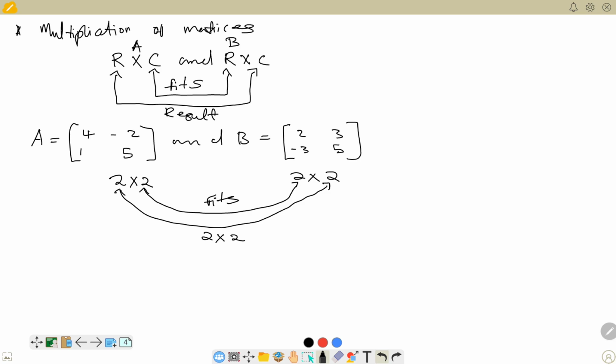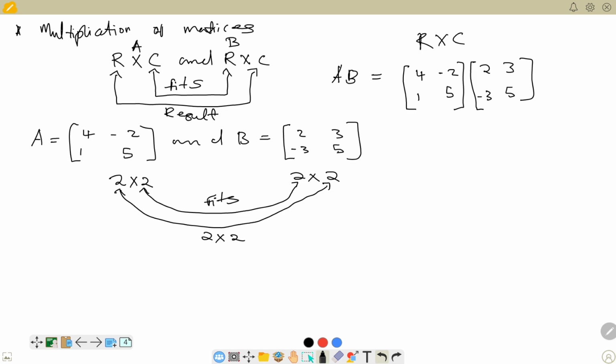So what we need to do now is to go ahead and multiply. So A times B is equal to, we can write them like this firstly, to show that they are multiplying. But if it's a 2 by 2, it's not very difficult to multiply. So we can see that the equation says rows times columns.